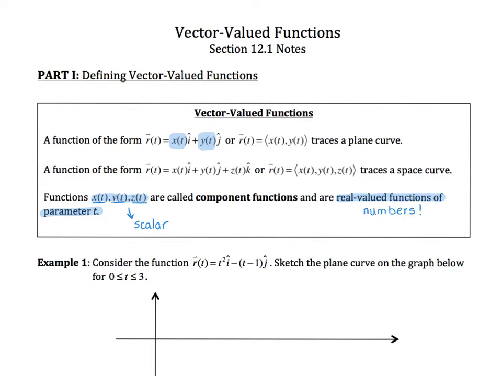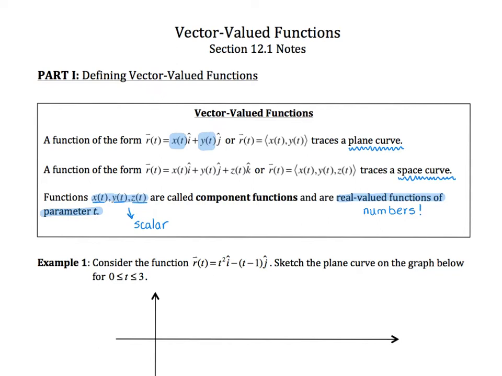So it's a little tough to keep it all straight, but really they end up being very easy to work with. And so if you have a vector in 2 dimensions, you are going to trace a plane curve, right? And then if you have a vector in 3 dimensions, you will be tracing out a curve in space, okay?